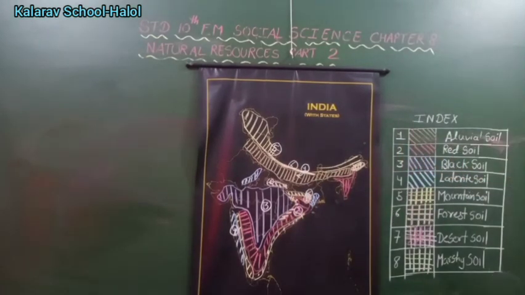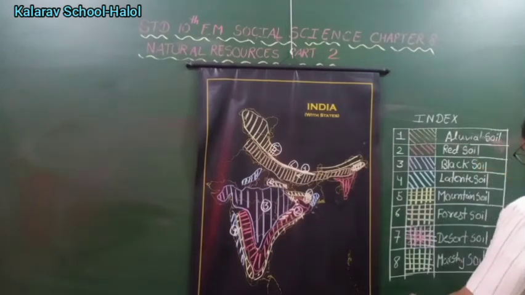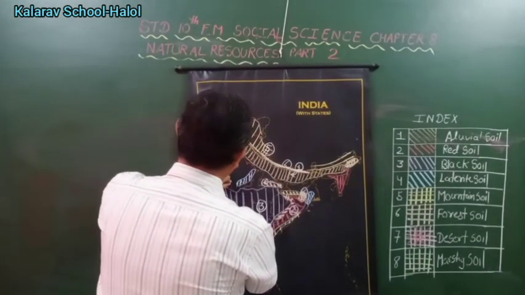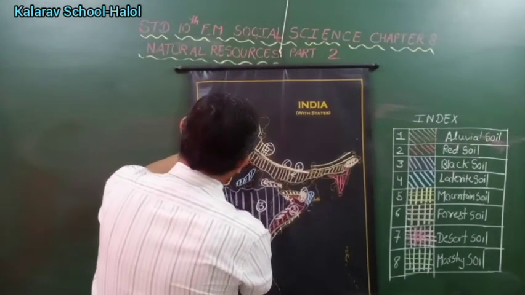Number 7, desert soil. The western part of Gujarat, Rajasthan, this entire part, you will get this.